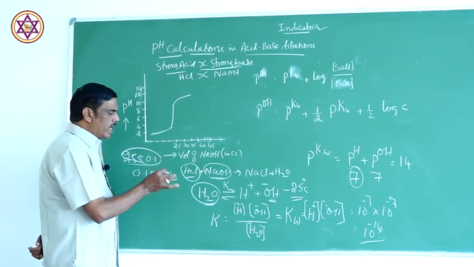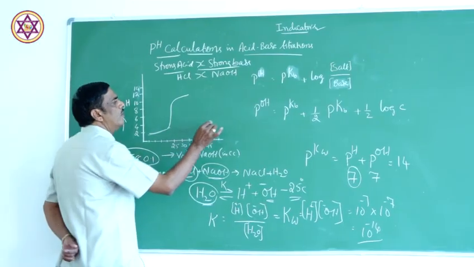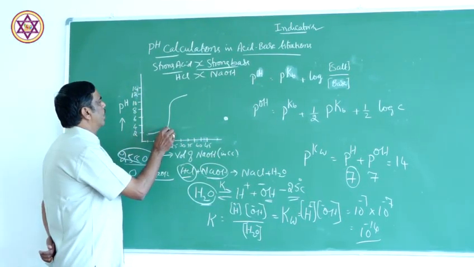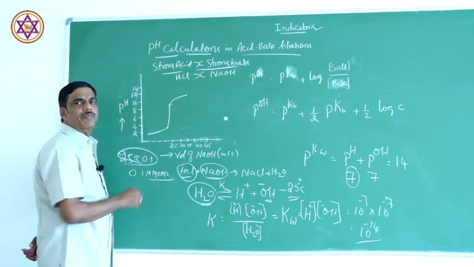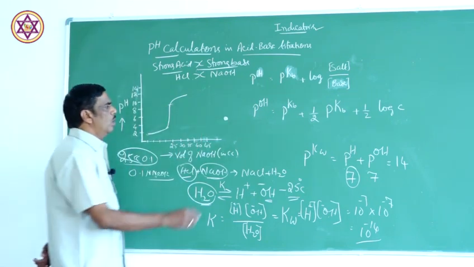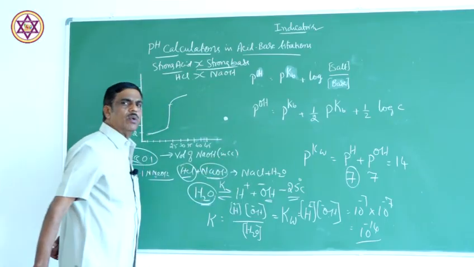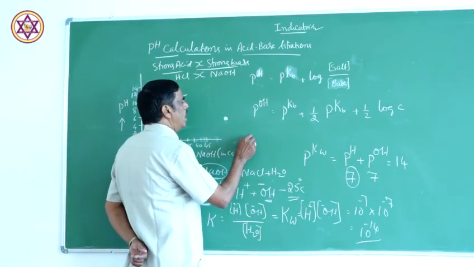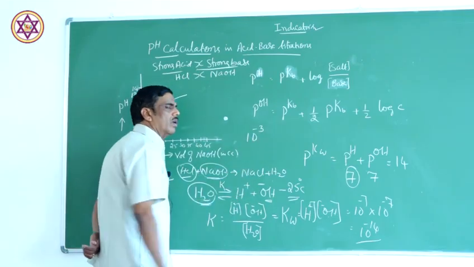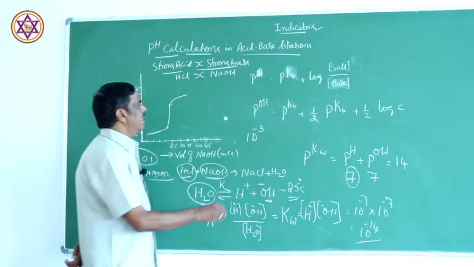After the addition of one drop of sodium hydroxide, pH suddenly jumps from 4 to 9. That is because one drop of 0.1 normal NaOH means 1 liter of the solution contains 10 to the power of minus 3 liters.